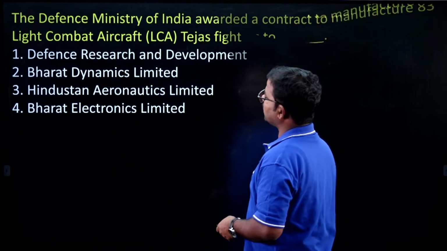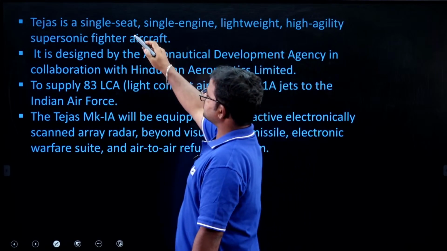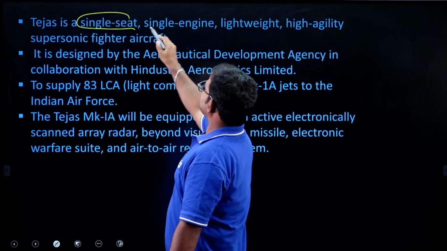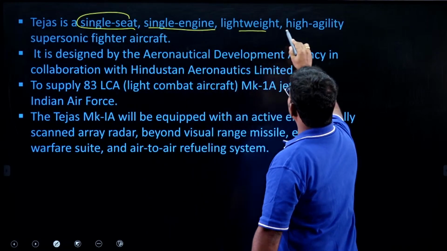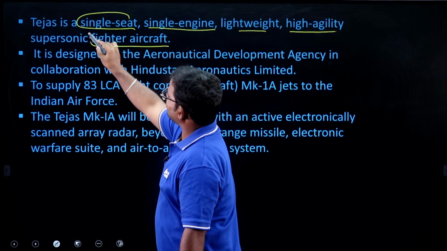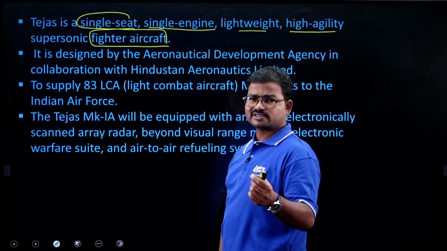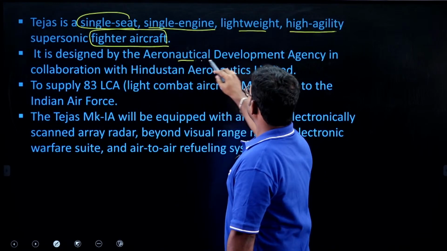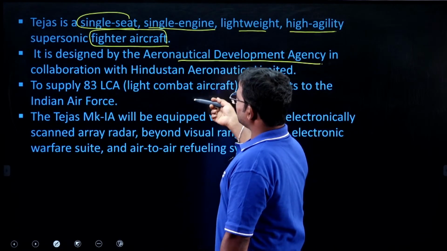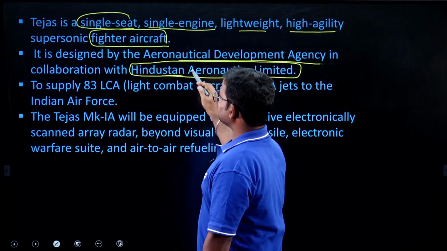So first of all, you have to analyze the importance of Tejas. Tejas is considered a single seat, single engine, lightweight, highly agile supersonic fighter aircraft. Initially this was designed by the Aeronautical Development Agency, in collaboration with Hindustan Aeronautics Limited.